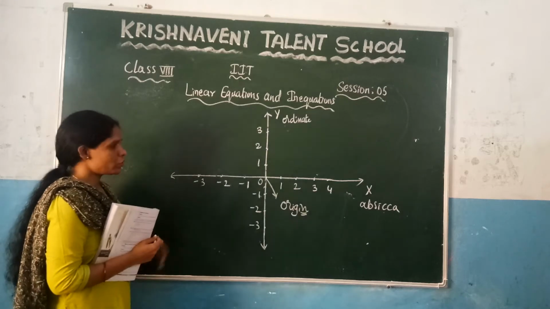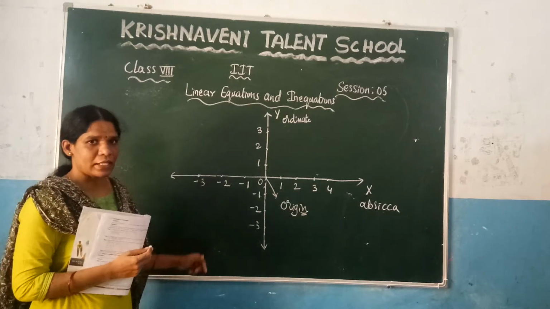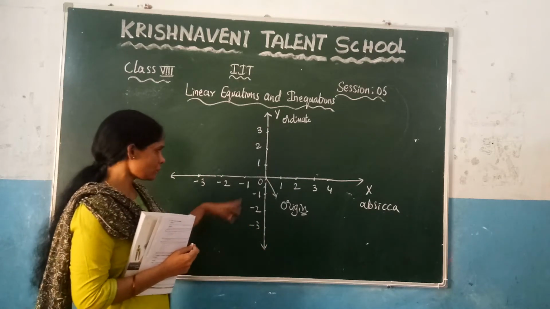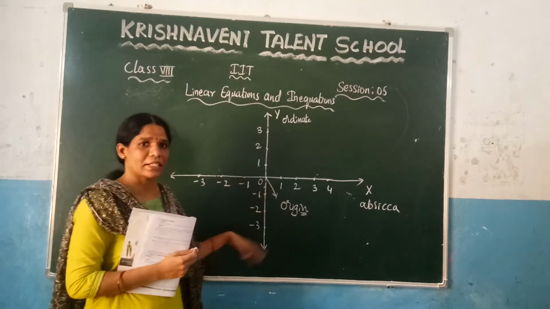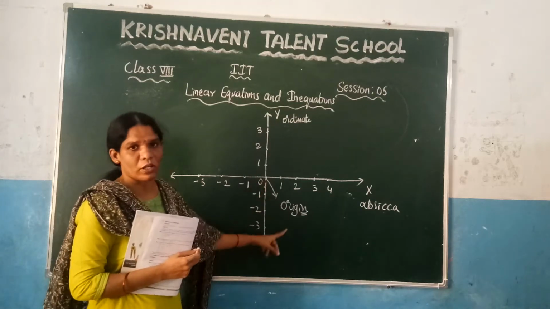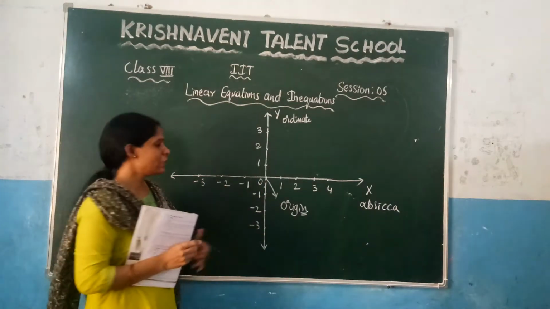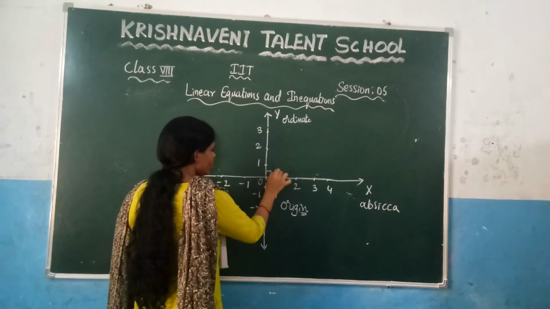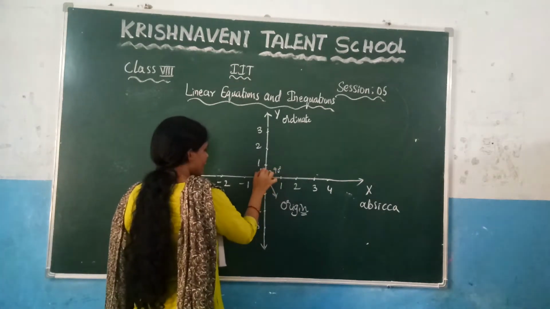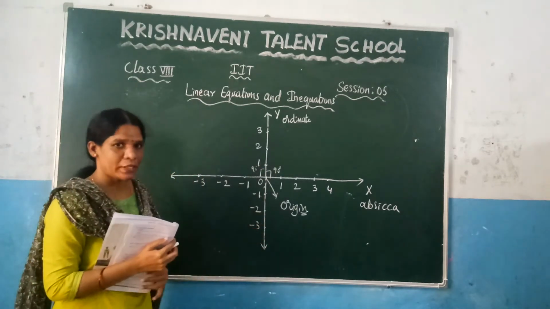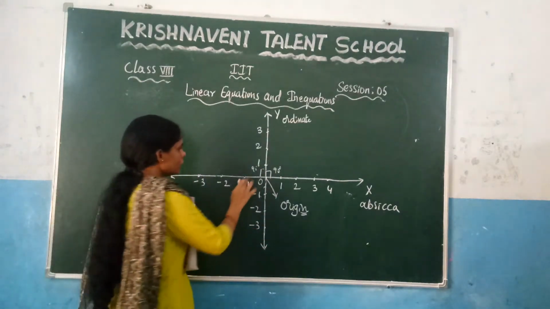First draw the horizontal line, and after that draw the vertical line. These two lines intersect at the origin, and here it is 90 degrees and here it is 90 degrees because we have drawn the perpendicular line.